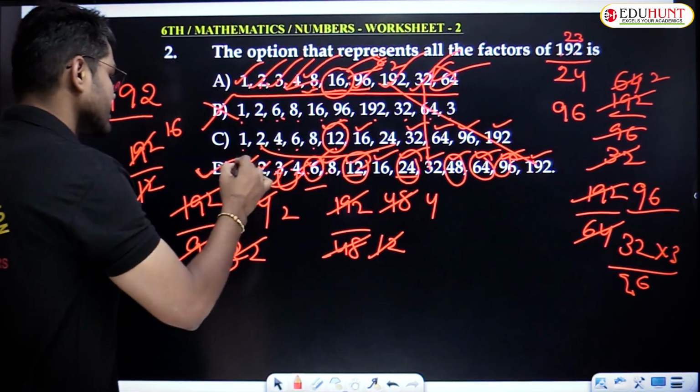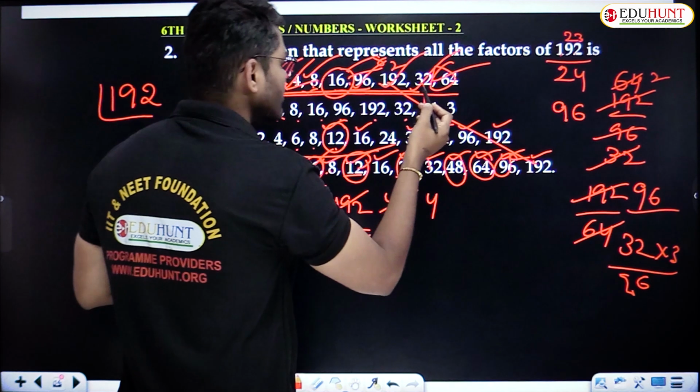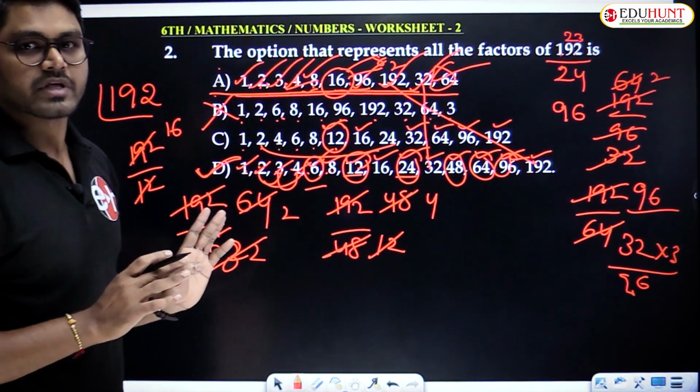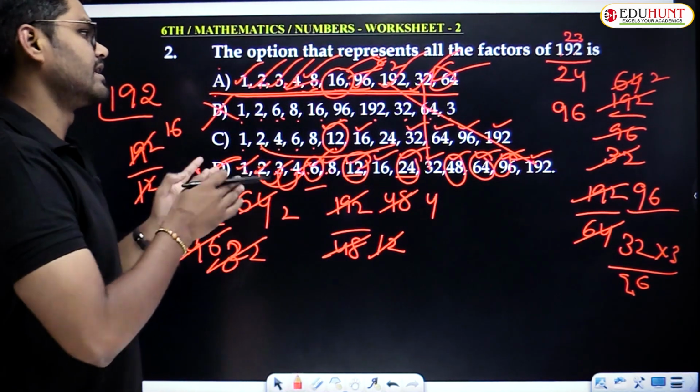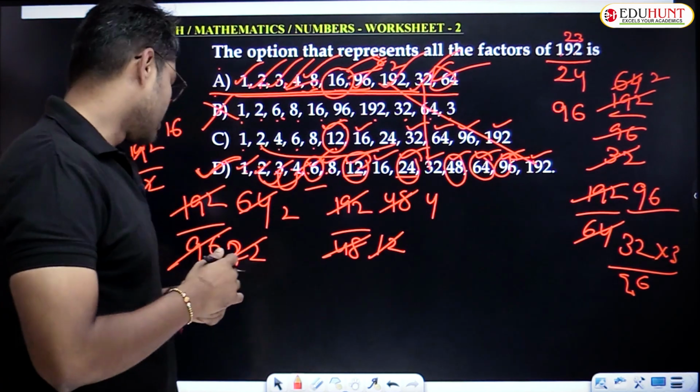Therefore option D is the correct answer. If you get all the factors, still you have to check another option also where we are getting any other number as a factor. Okay, let's move on to the next one.